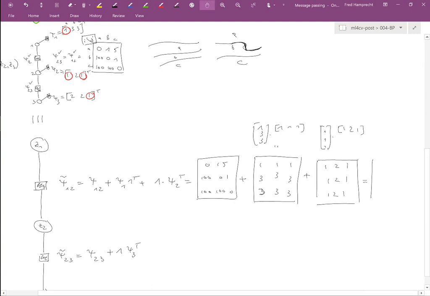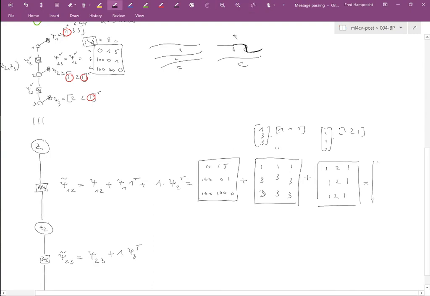And thus I get my new overall pairwise potential, which is 2, 4, 7, 104, 5, 4, 104, 105, and 4.